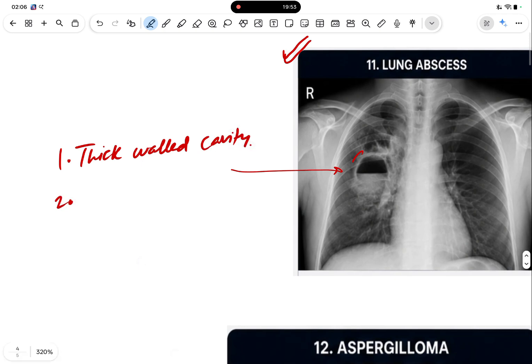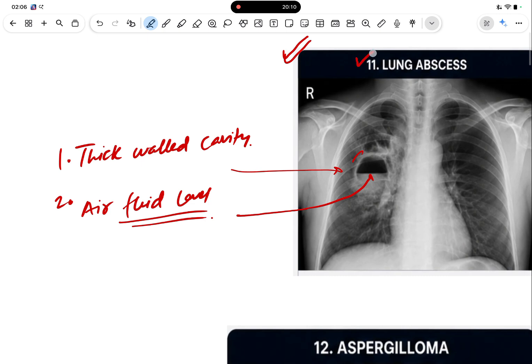First of all, there is a thick-walled cavity, what we are seeing at first glance. Second, there is an air fluid level, which indicates there is a pus-filled thick-walled cavity. It is an example of lung abscess.